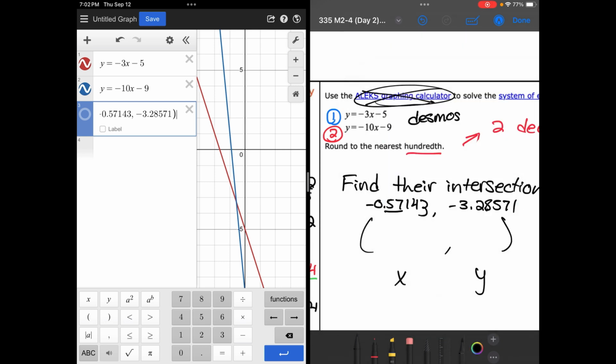So the nearest hundredth is 2 decimals. So 2 decimals. So the x coordinate of the solution is negative 0.57. And the y coordinate of the solution is negative 3.29. That 5 makes the 8 round up to a 9. This would be your solution. Use this to help you on the assignment.